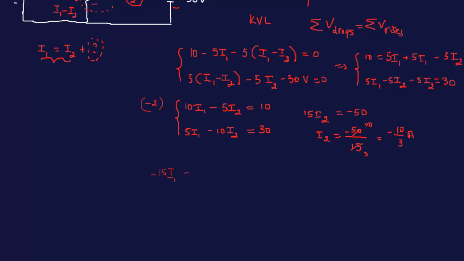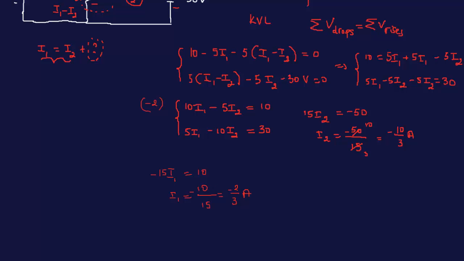So this is equal to 10. And so I1 is equal to 10 over minus 15, and this is minus 2/3.